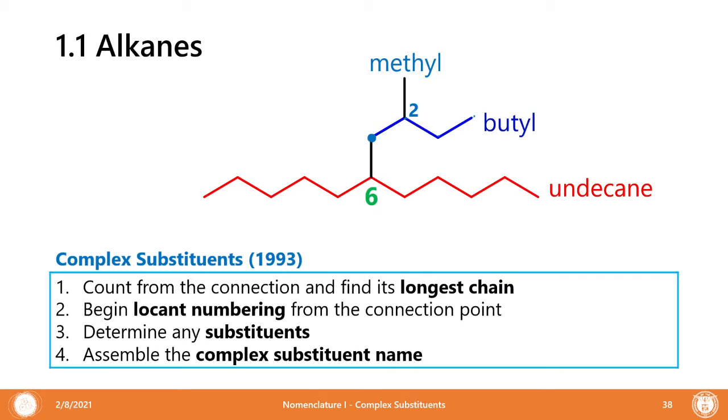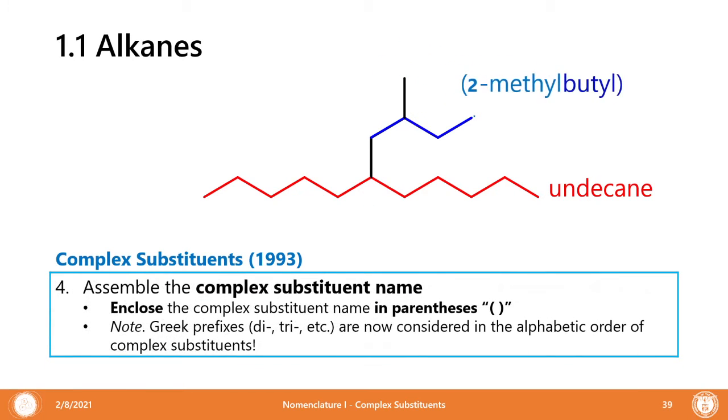After that we have our substituent locant number, that's number 2. We have a methyl there, and then we have a butyl group. So what we do is assemble the complex substituent name, and we enclose that whole group in what we call parentheses.